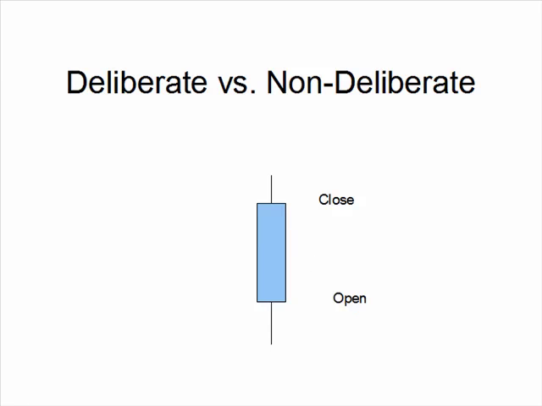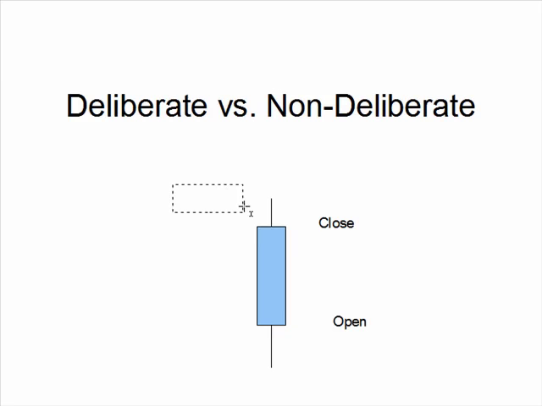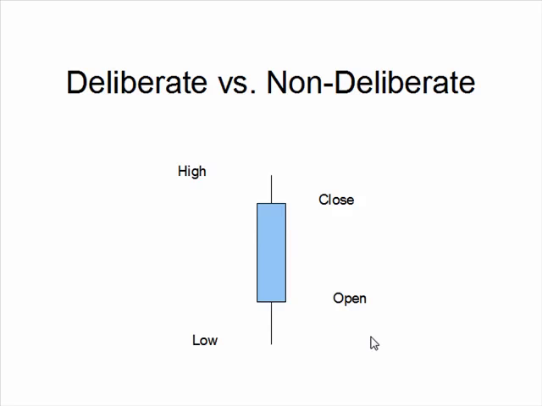We want to identify the high. And also the low. And those four components are what we look at when we are looking at the candles here.